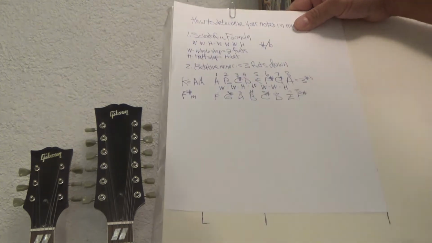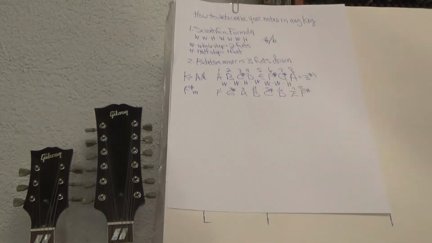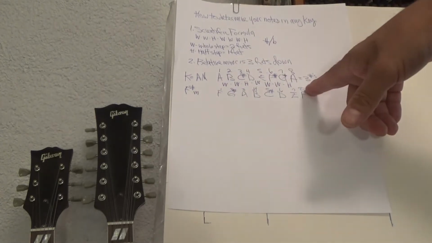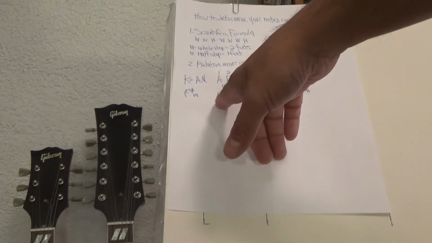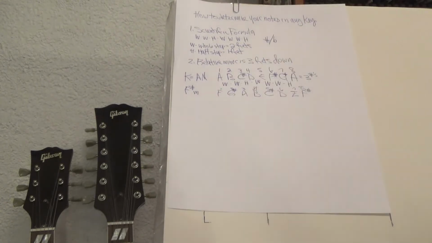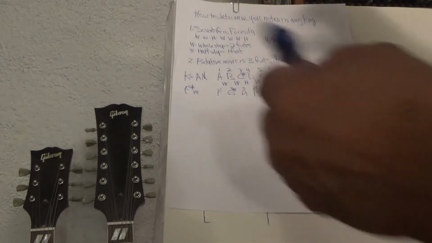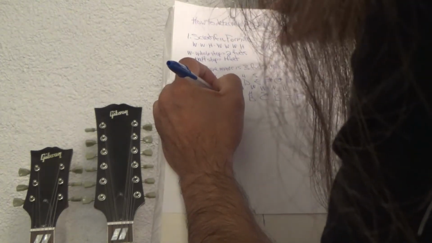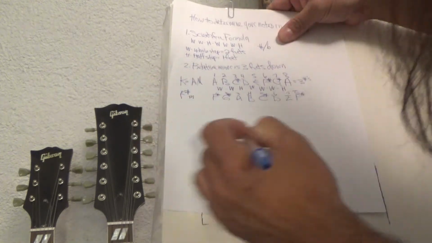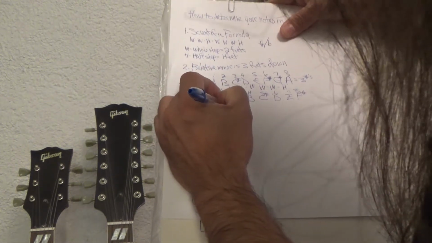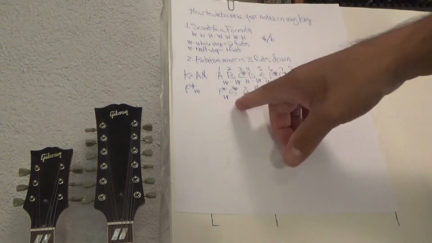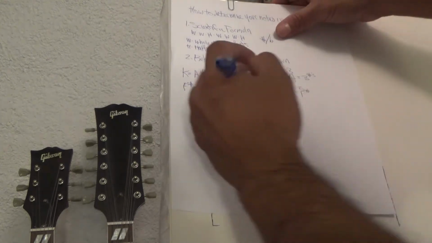Okay. So then we say, okay, what is the scientific formula? Well, right off the bat, if you have an F sharp to a G sharp, we know there's a whole step between these two notes. G sharp to A, that's going to be a half step.